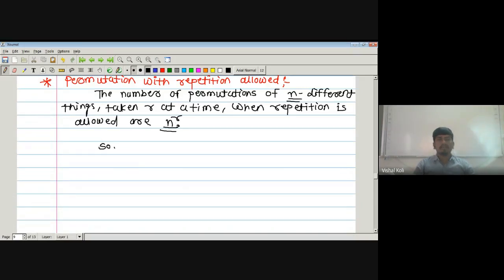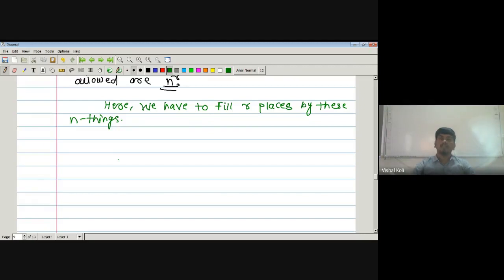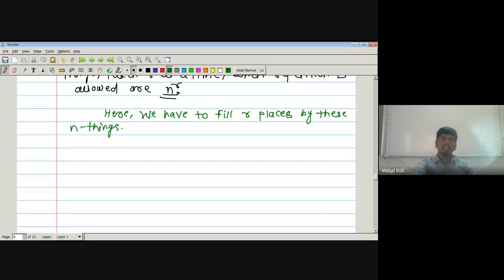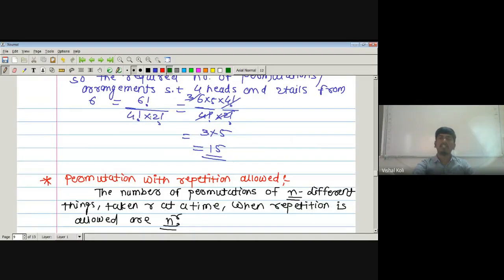So we have to fill r places by these n things. Now if we have to fill up the first place, then there are n possibilities, since we can take any of these n things.